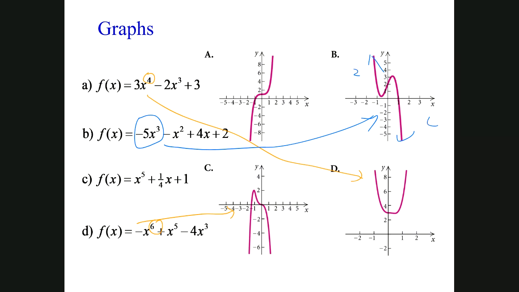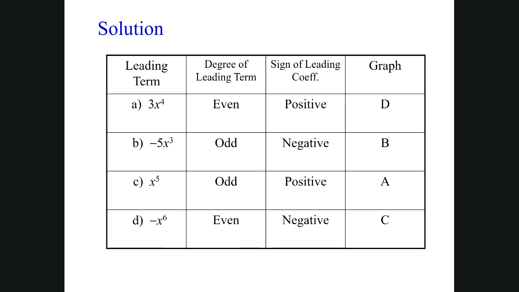So that is this one right here. Okay, so now we have a last one left. What is the last one? This one must be C, must be matching A, because this is an odd power and this coefficient is positive. So you're going through the 1st and 3rd quadrant. Okay, so that is how we look at that.